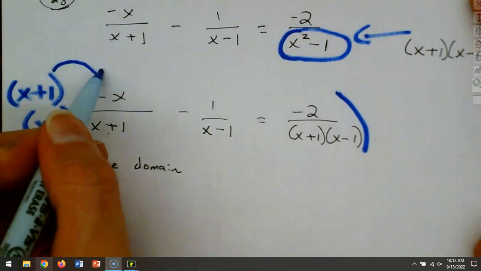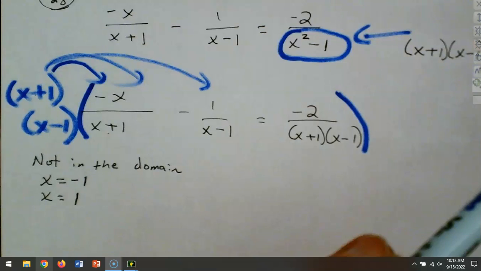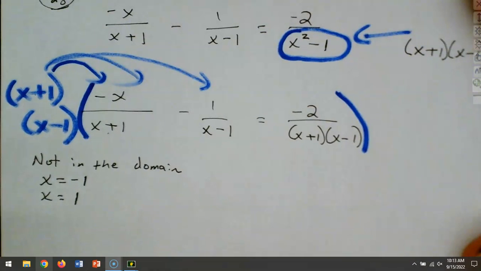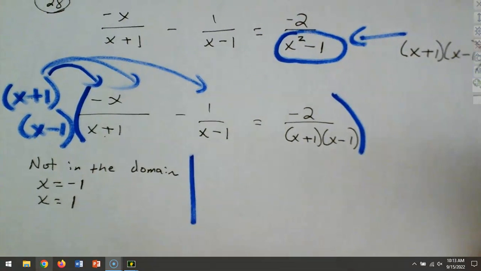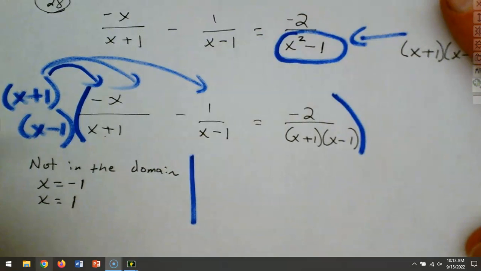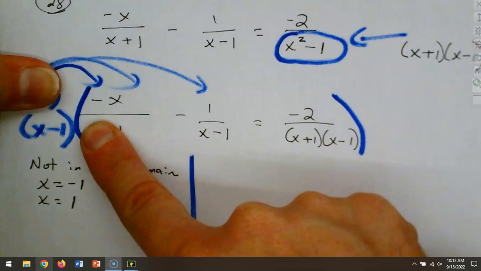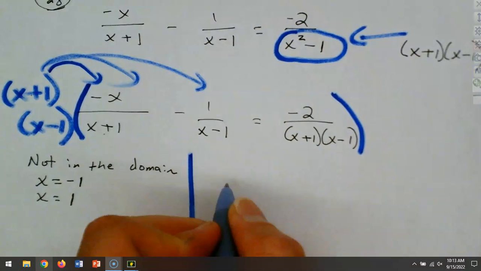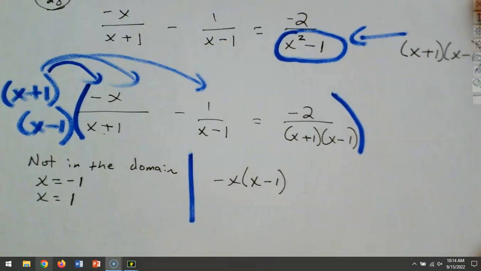Now we start distributing through. So what's going to happen when I rewrite it? The x plus 1s, they cancel, don't they? Right? So that leaves you then with a minus x and an x minus 1.